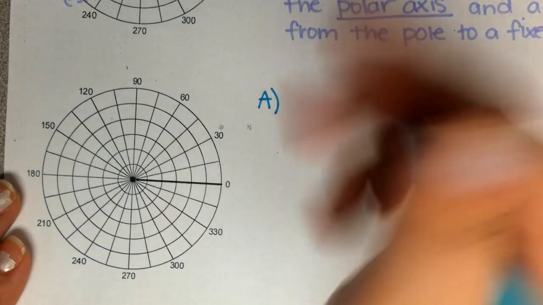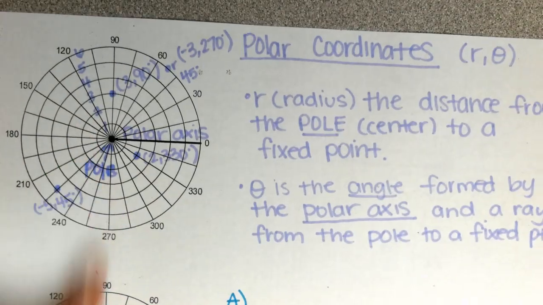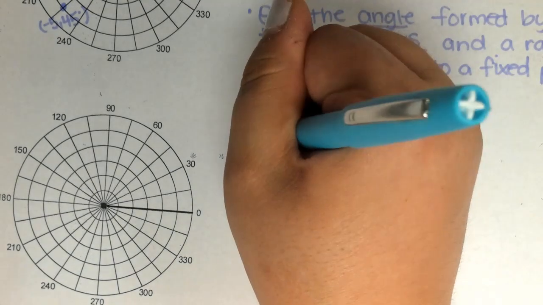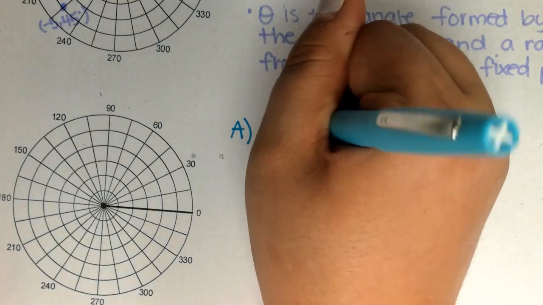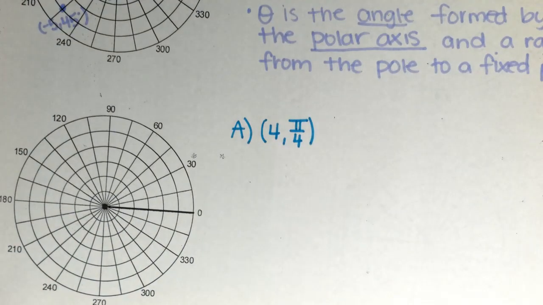So for point A, by the way, sometimes we're going to be in degrees. Most of the time, I'm going to give you things in radians. All right? So my first point I want you to plot is 4, pi over 4. Can you plot 4, pi over 4 and label it A?